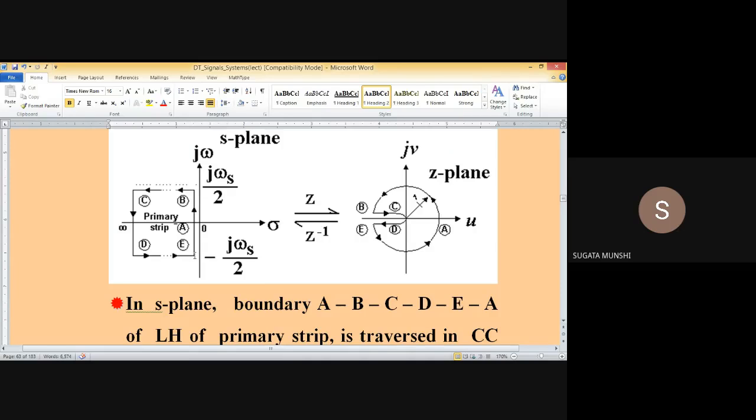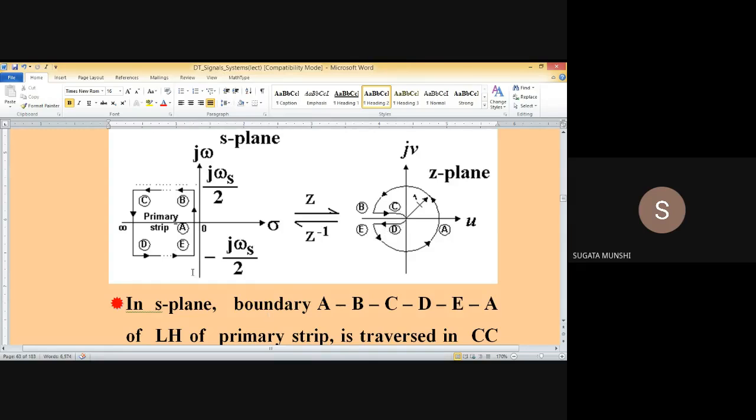Next, as you travel from E to A, sigma is constant at 0, so the magnitude of Z will remain at 1. And what will happen to the argument?